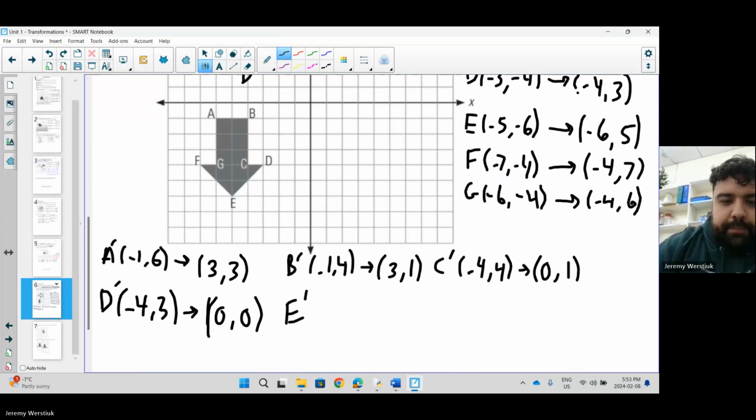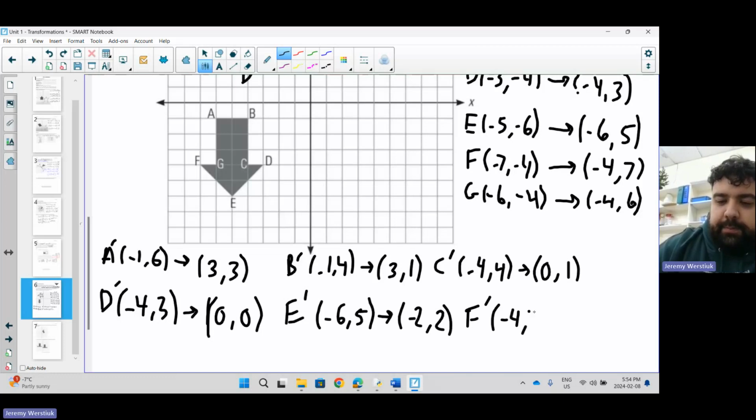E prime is minus 6 comma 5. So this becomes minus 2 comma 2. F prime is minus 4 comma 7. So that will become 0 comma 4.